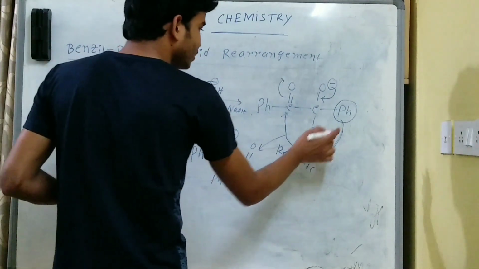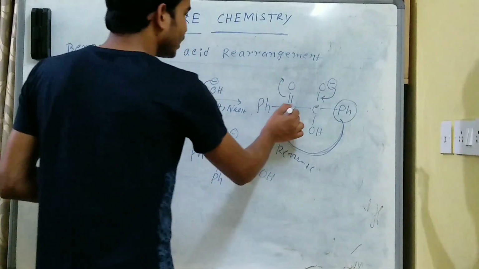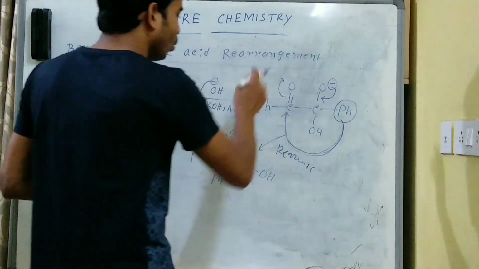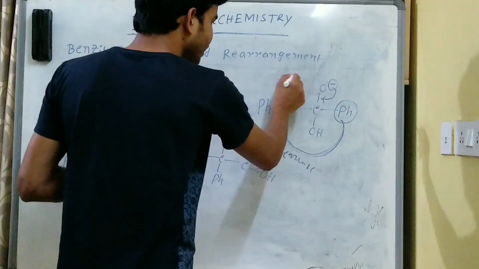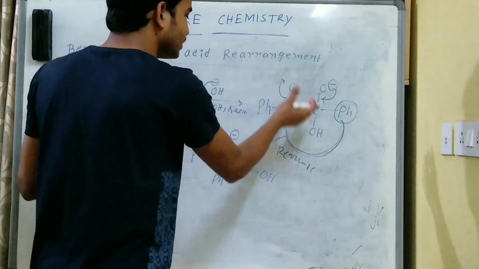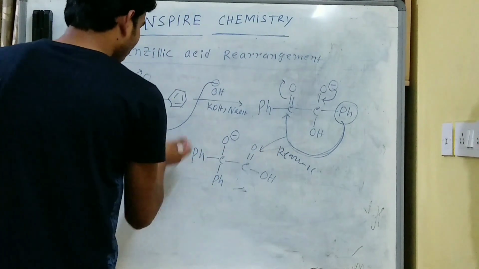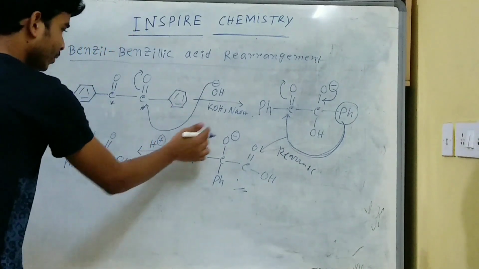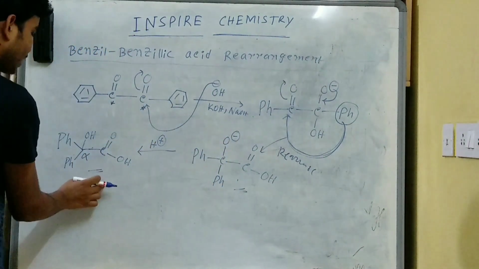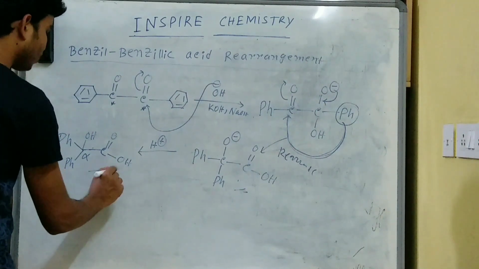This Ph migrates to this carbon center. When it migrates, the released bond gets back to its position, and this double bond O releases. This type of intermediate will form, and after that, when we use mild acidic water, it will be protonated and this type of hydroxy acid forms. This will be the product.